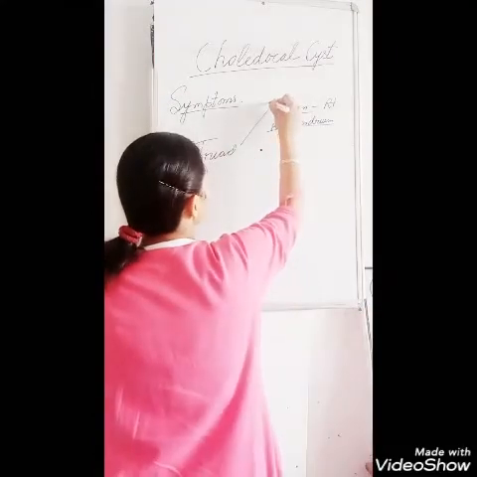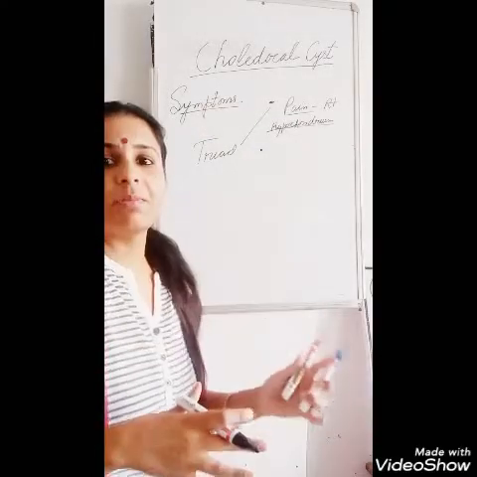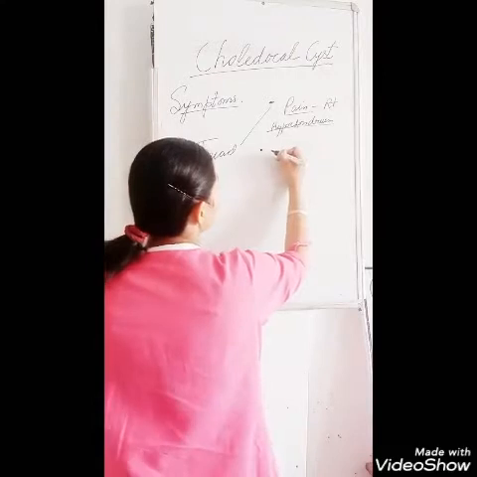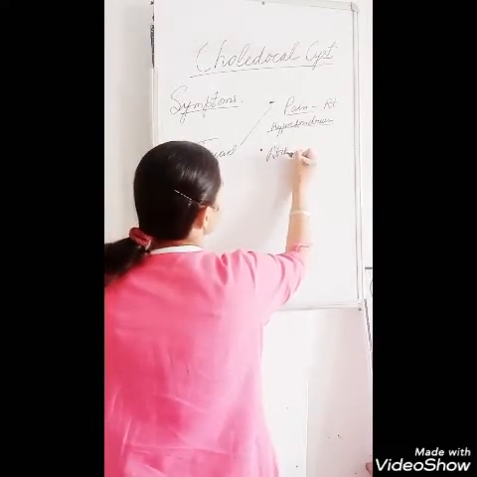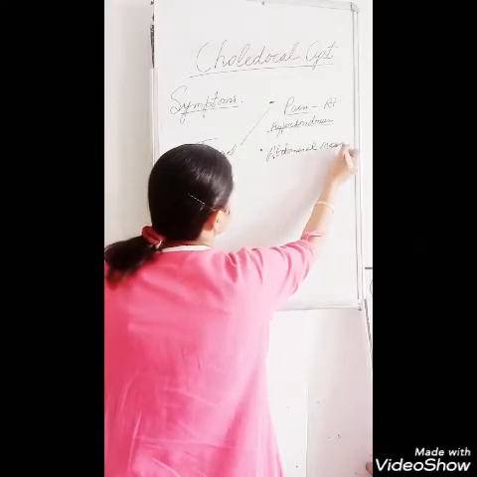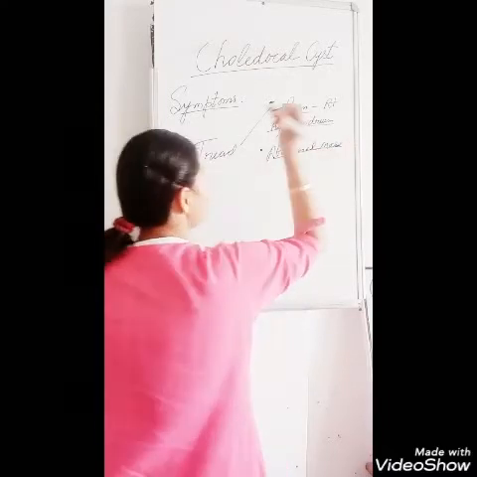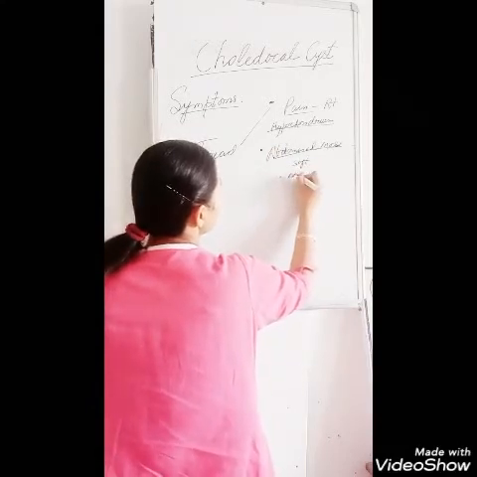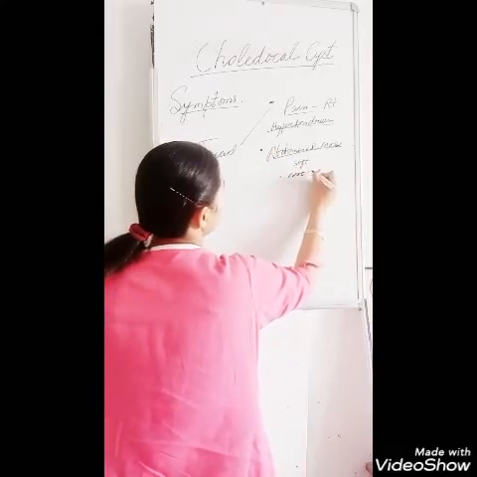Then when you examine the patient, an abdominal mass will be felt. So there is presence of abdominal mass. Now this mass has a typical character. It is soft, it is not mobile.